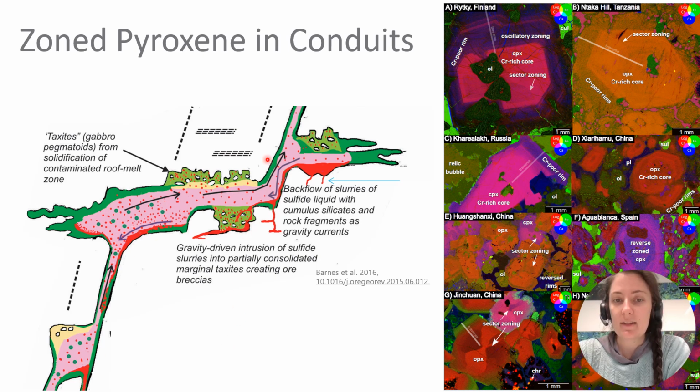So although this isn't an indicator of sulfide saturation, it would be an indicator of potentially high metal enrichment, because if sulfide existed in these conduit systems, they would have the opportunity to interact with a large volume of silicate liquid.